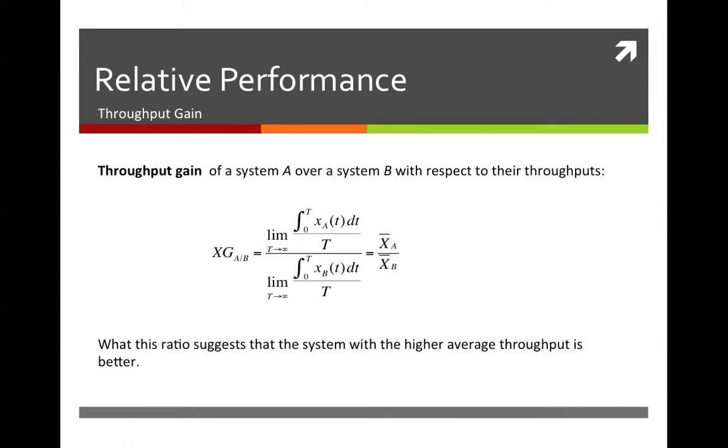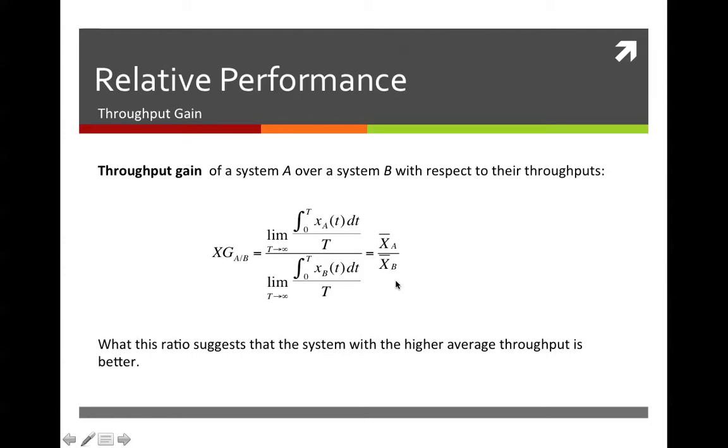That's what we conclude. Now, there's also the throughput gain, and this is now a comparison of two throughputs, and this is where we may have some issues, but let's just define it first of all. So what we're really saying is we take the limit of the throughput for A as t tends to infinity. We do the same for B, and we take the ratio, and we call that the throughput gain.